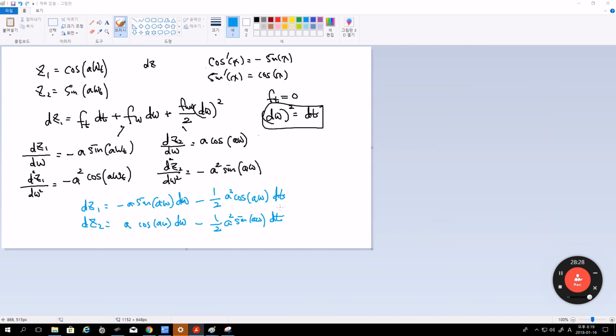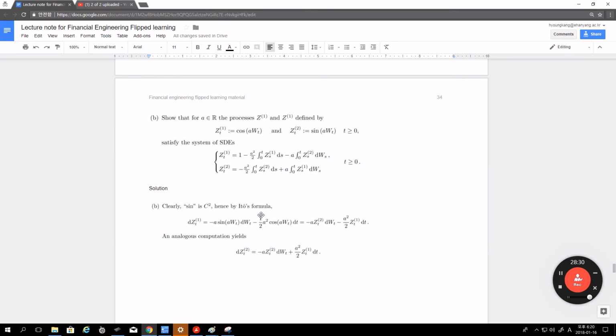Okay, so this is exactly the same as this part. So now we can solve this one together. Then you can combine this together, and then we will have something like this. Now, since we have something like this, we can do the integration. Then we will have this equation.